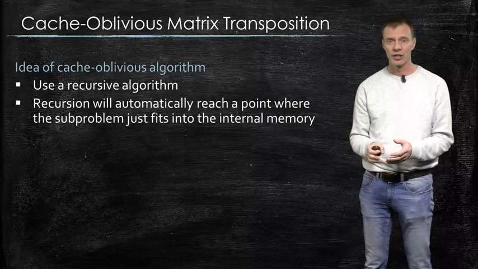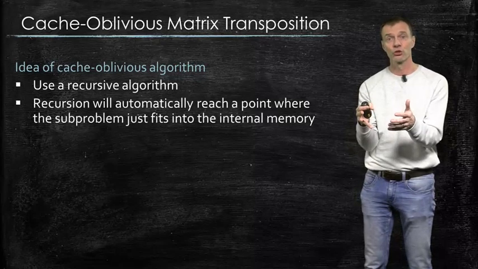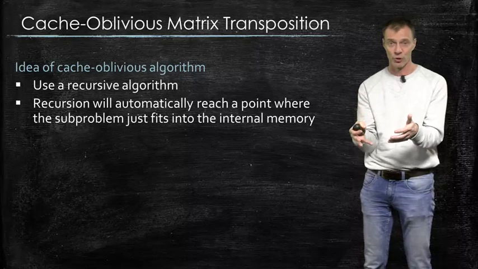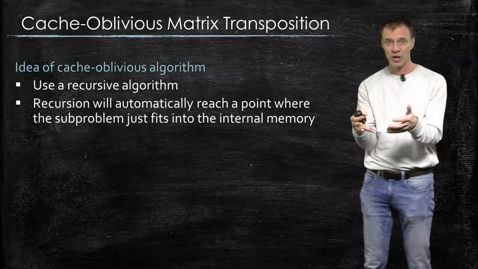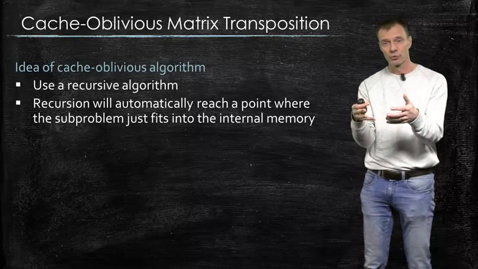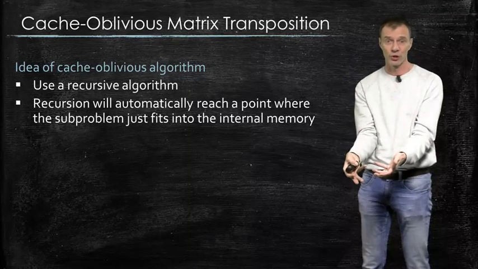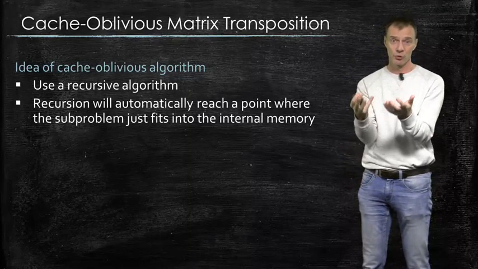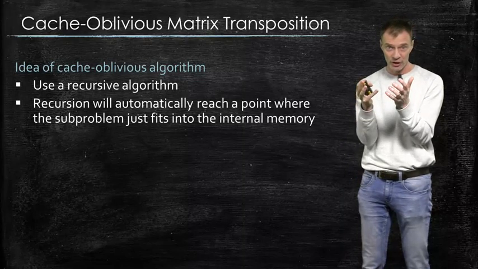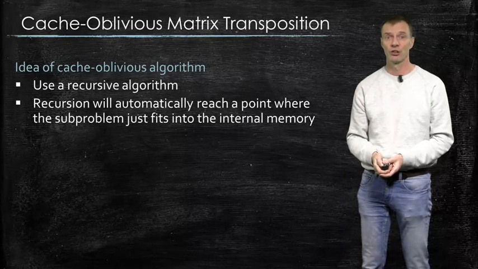Well, the main idea is that the recursion is going to make the problems smaller and smaller. You start with the whole problem, it gets smaller and smaller, and at some point it will be small enough so that it exactly fits into the internal memory.